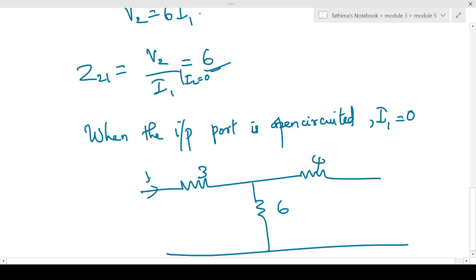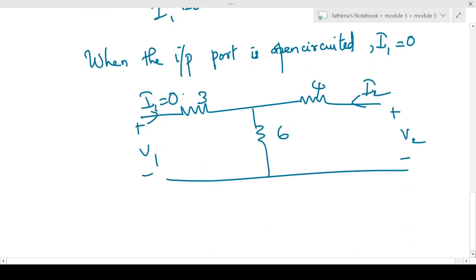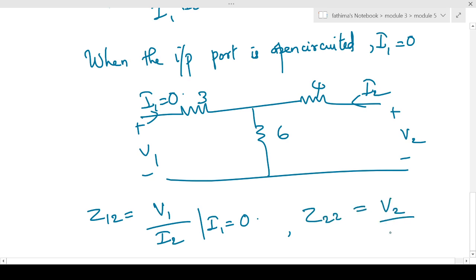So here I1 equal to 0. This is I2, this is V1 and this is V2. So we have to find what is Z12 and what is Z22. Z12 is V1 by I2 with I1 equal to 0, and Z22 is V2 by I2 with I1 equal to 0.